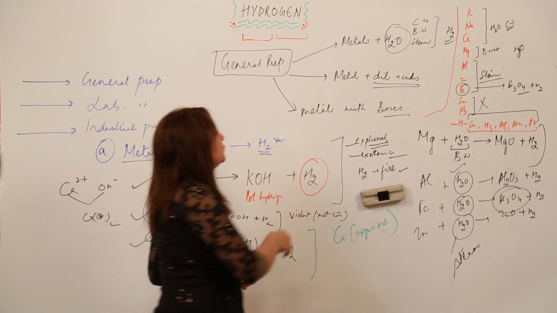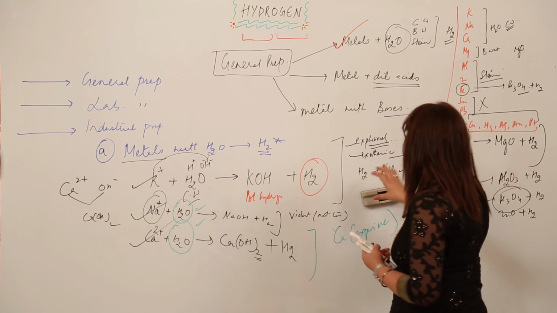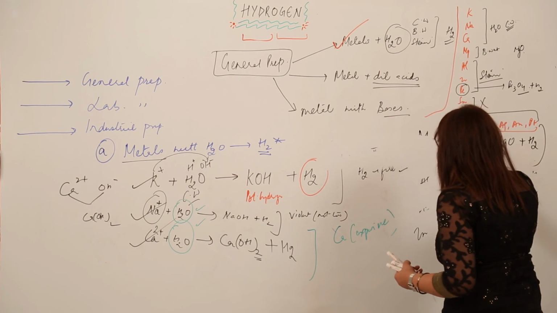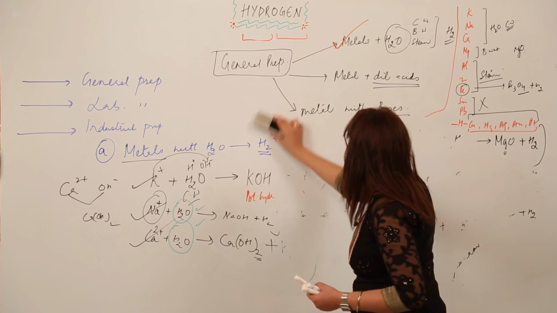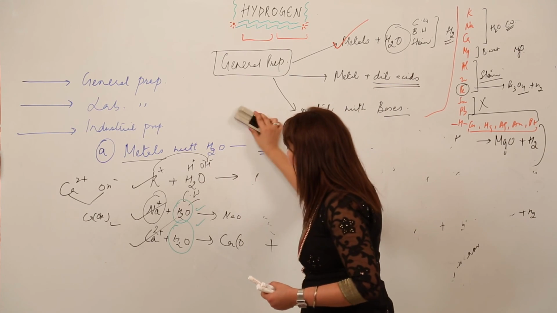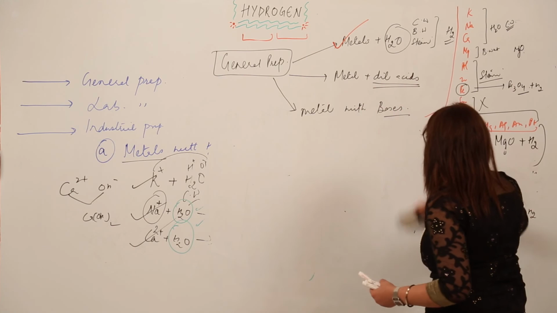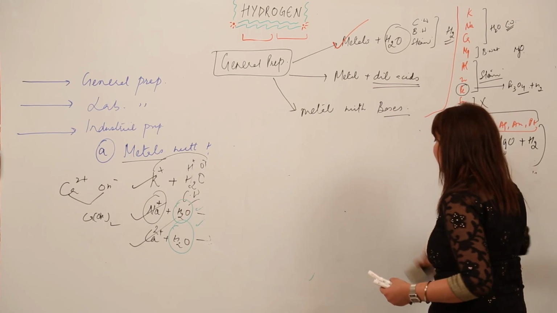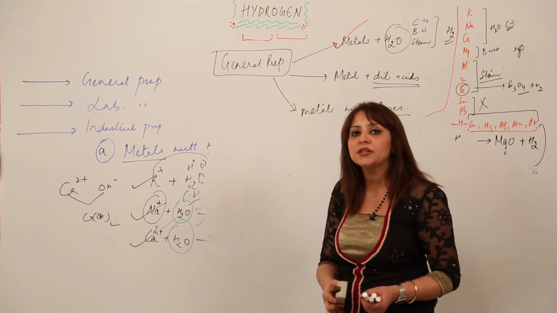So this is the first method we were discussing, that is the general preparation of hydrogen when metals react with water. Now we will take up the second general preparation, that is the reaction of metals with dilute acids. The reaction is going to happen in the same way: the metal displaces the hydrogen and combines with the hydroxide in that case.